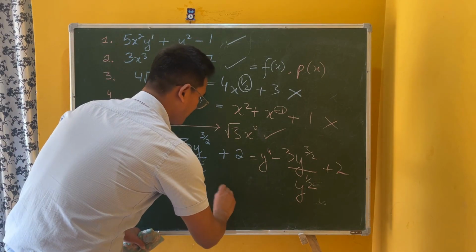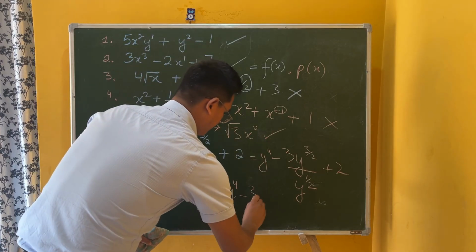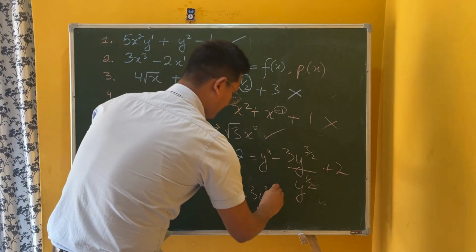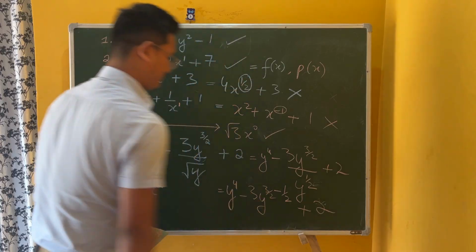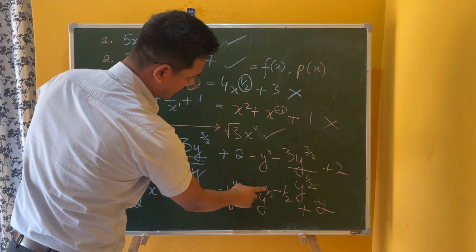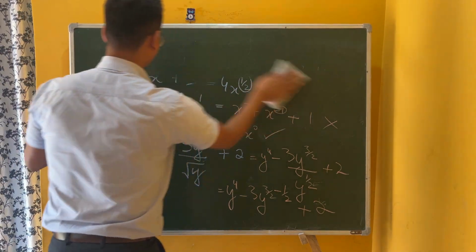So next step, 3 by 2, this half will come up and will subtract, isn't it? So what happens? 3 by 2 means 1.5. So 1.5 minus half is 1.